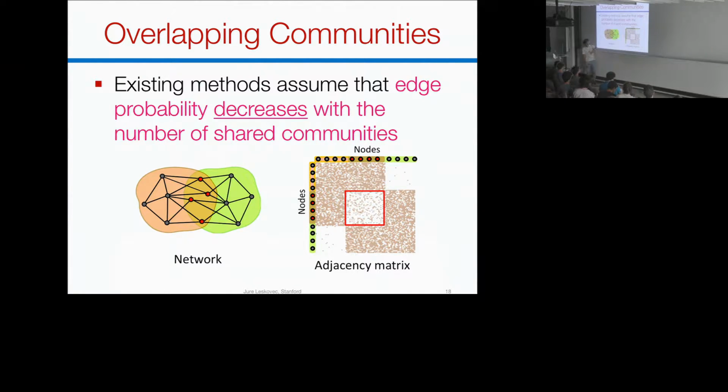And how would this network picture look like? You can think of these 2 groups overlapping, and these nodes here who are in the overlap, they are less likely to be connected with each other than they are to be connected with the other parts of the network. And the easiest way to see this, for example, for the mixed membership stochastic block models is that you have a probability distribution over belonging to communities.